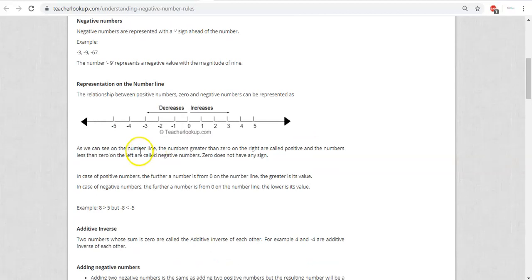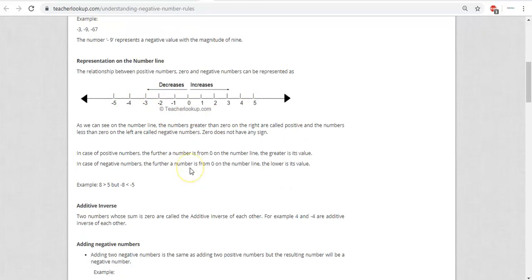As we can see, on the number line, the numbers greater than 0 on the right hand side are called positive numbers. So from 0 onwards, 1, 2, 3, 4, 5 are called positive numbers, and the numbers on the left hand side of 0, so -1, -2, -3, -4, -5 are the negative numbers, so they're less than 0.